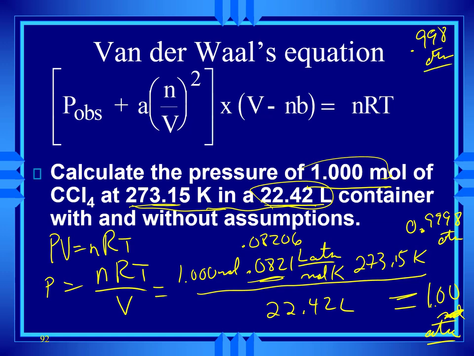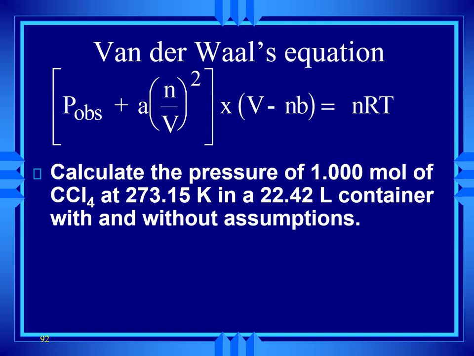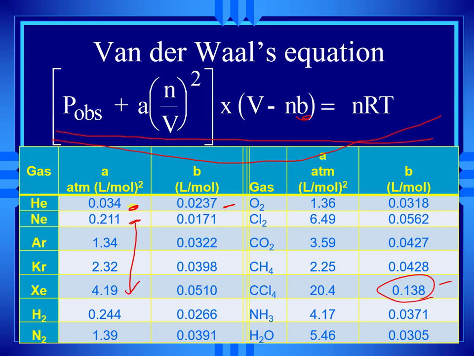Okay, so now let's try it with the assumptions. I start sticking in numbers. Pressure observed, that's what I'm trying to find, plus a. I'm going to look up a for CCl4. We saw that just a minute ago. The a for CCl4 is over here. It's 20.4.